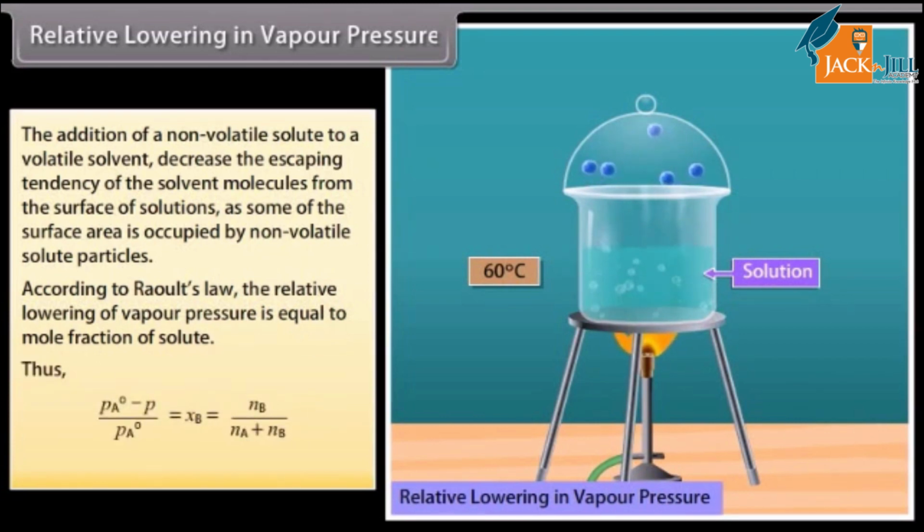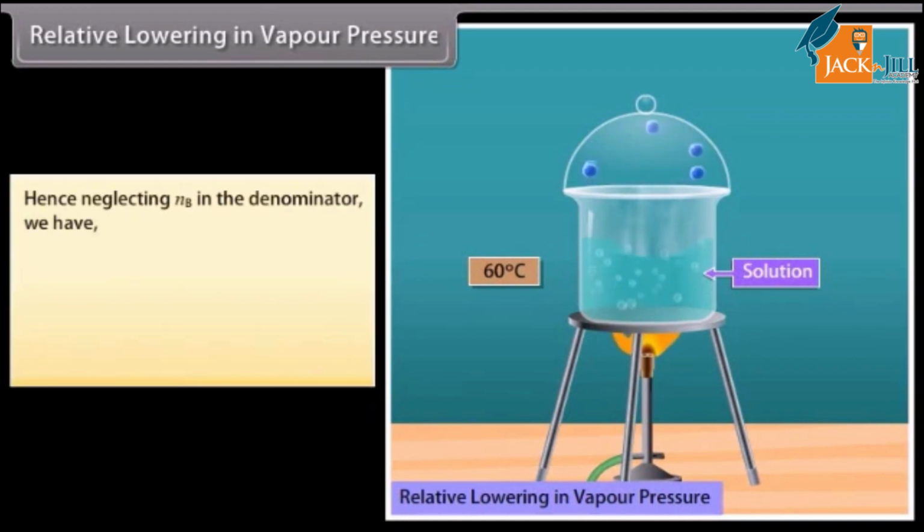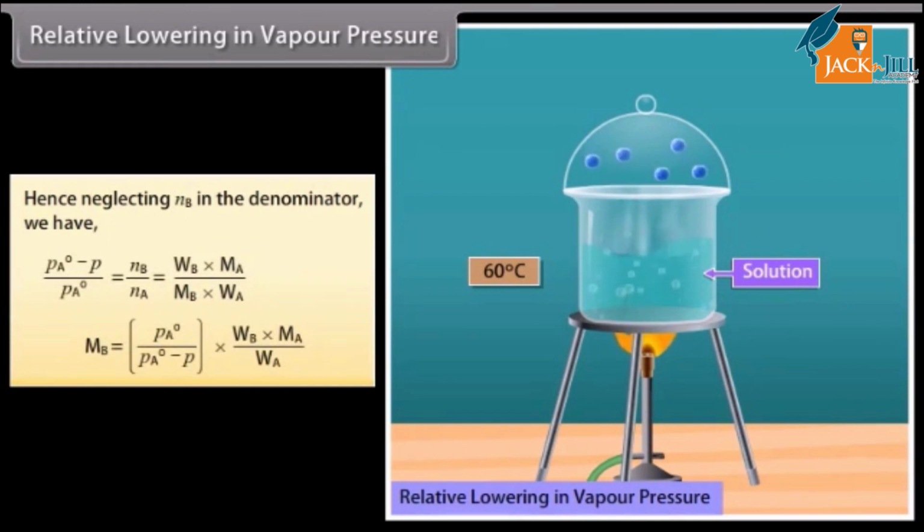Thus, (Pa naught minus P) upon Pa naught is equal to Xb, which is equal to Nb upon (Na plus Nb). For a dilute solution, Na is much greater than Nb. Hence, neglecting Nb in the denominator, we have Mb is equal to Pa naught upon (Pa naught minus P) multiplied by Wb into Ma upon Wa.